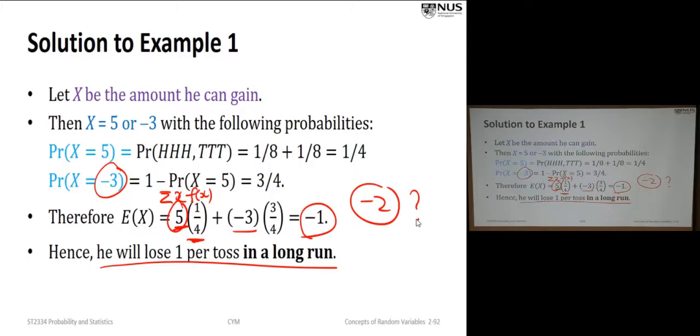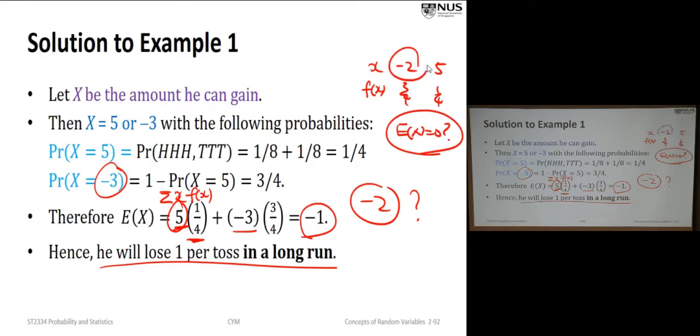Will it make the expectation, that means I change, will this give me expectation equal to 0? I want to adjust this number to make the expectation of x equal to 0, so it's fair to both parties. All right? So is this the answer? x equal to -2?